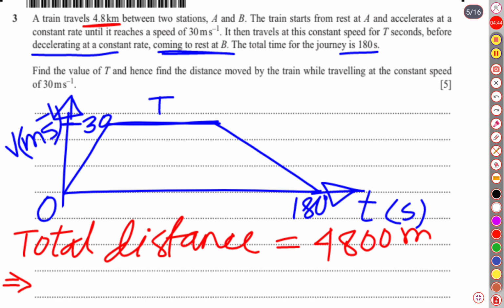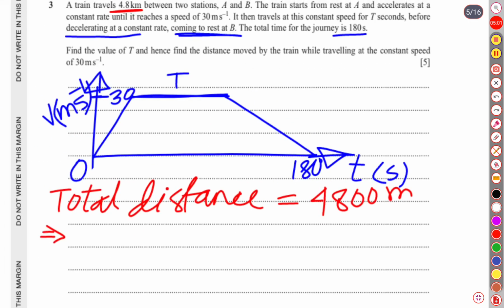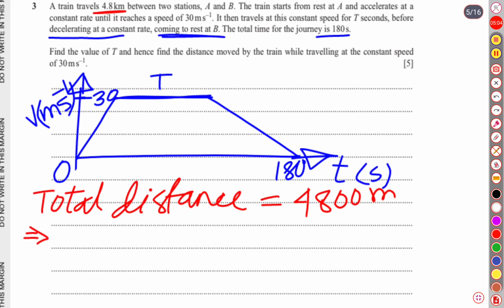This whole area is the area of a trapezium, starting from 0 until 180. The formula for a trapezium is half of the sum of the parallel sides into the height. One parallel side has length t, and the other is 180, so t plus 180 is the sum of the parallel sides.